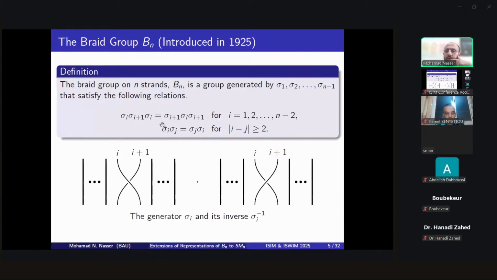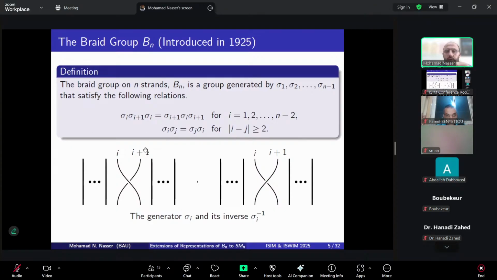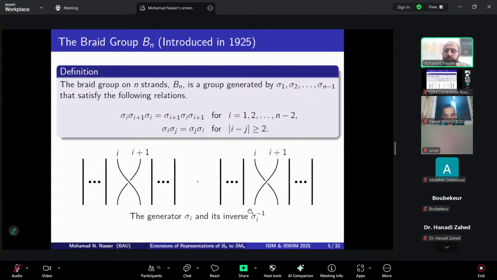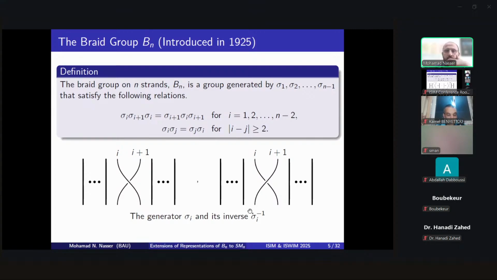We have these relations: sigma i sigma i+1 sigma i equals sigma i+1 sigma i sigma i+1, and we have far commutativity whenever |i - j| is greater than or equal to 2. In sigma i, we have an overcrossing between the ith and i+1th strand, while in sigma i inverse, we have an undercrossing. This was introduced in 1925 by Emil Artin.